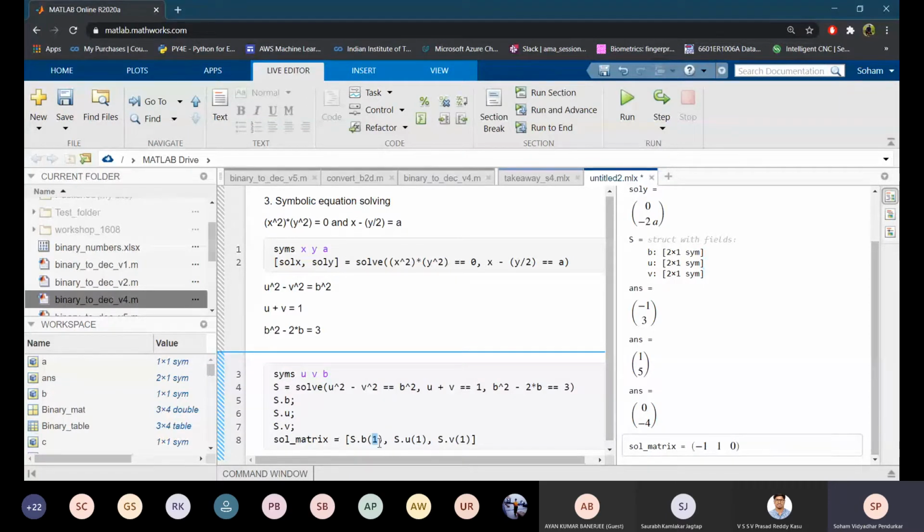Suppose you're trying to prove something to someone by using all these solutions. Suppose there are 15 solutions in your case, and you want to do some mathematical operations using all those 15 solutions, and you want to compare them.